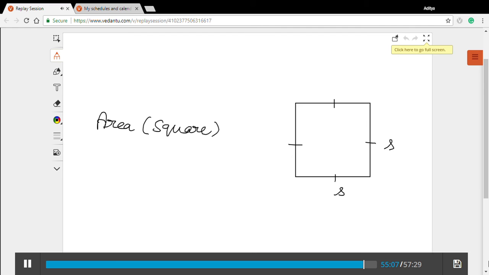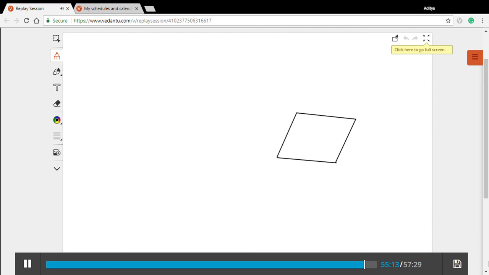That's simple. But for our rhombus, though the sides are still equal, we have to use a different formula in which we assume this is our d1, the first diagonal, and this is d2, the second diagonal.